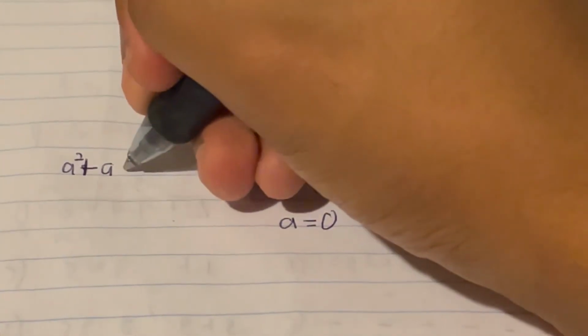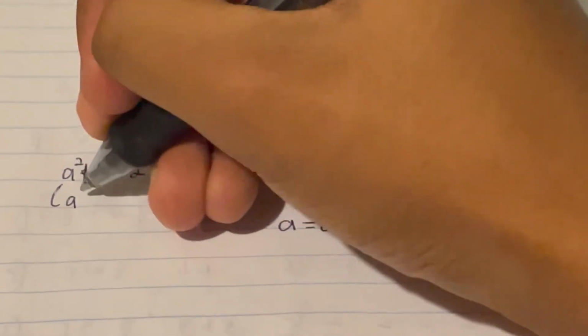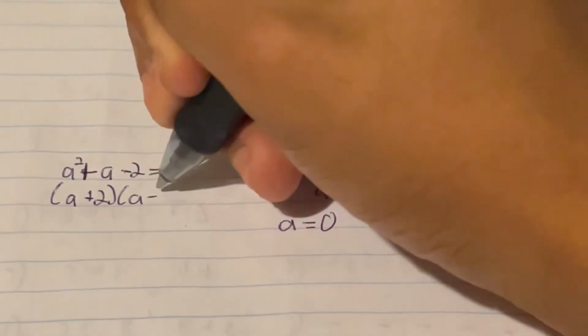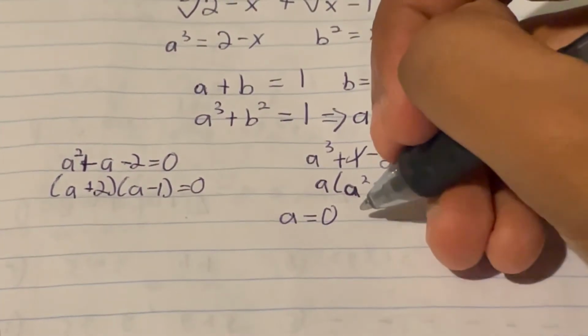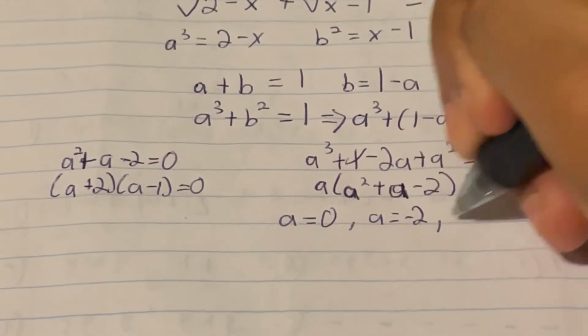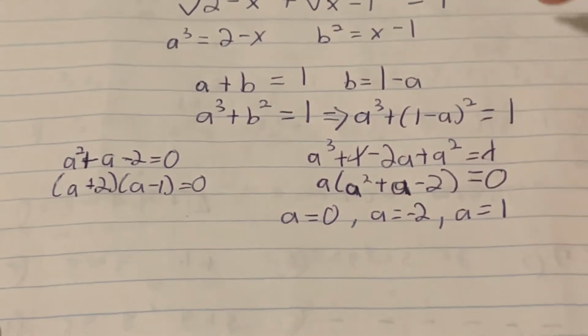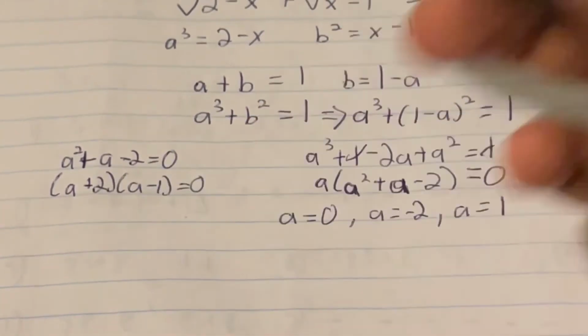You can factor it as a plus 2 and a minus 1 equals 0 to get a equals negative 2 and a equals 1.